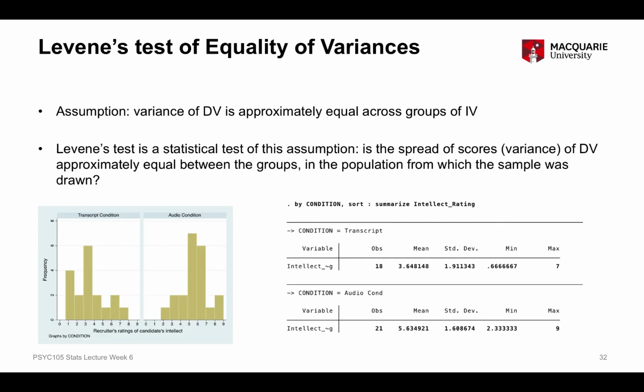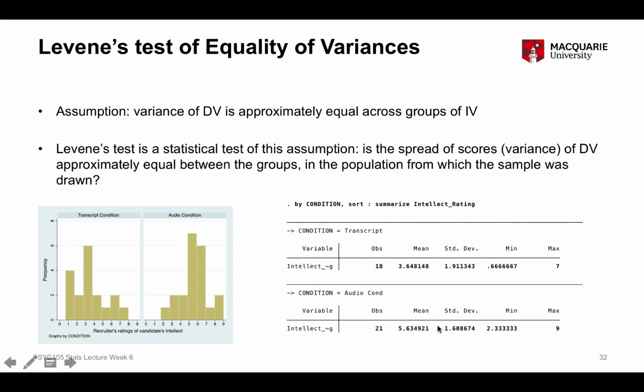So on the left here, you can see just the graphs that we had on the previous couple of slides, and then on the right, we have the descriptive statistics. By looking at the standard deviation, and we know that the standard deviation is a measure of variability or spread or dispersion of scores, we can see that the standard deviations are about the same between the two. The transcript group has a standard deviation of 1.9.